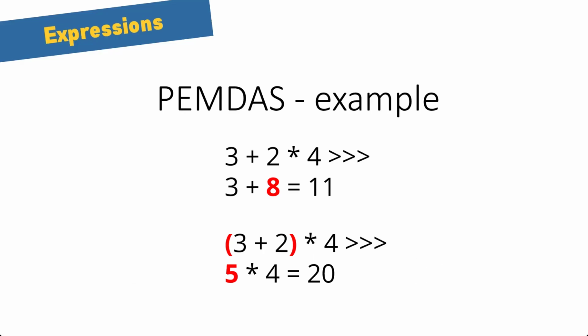Now, the PEMDAS acronym is handy for remembering the proper order of operations, but not everyone, including people who may someday have to review your Python code, may be as familiar with it as you now are. As such, I generally recommend using parentheses to specify which expressions in your code you want to be evaluated first, even if order of operations would have taken care of that for us anyway.